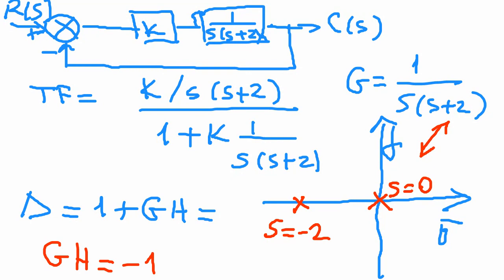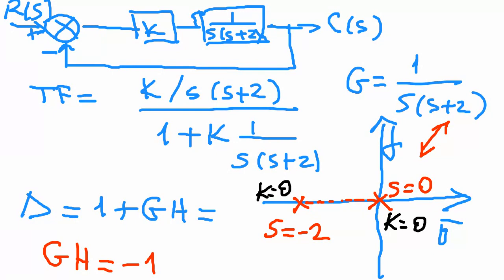These values also represent k equals 0, that one also k equals 0. When you increase k, the location of the roots are going to move like this.